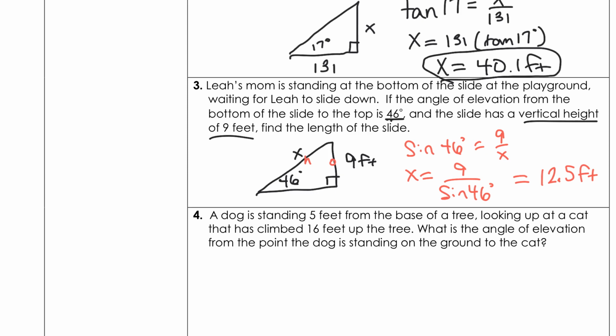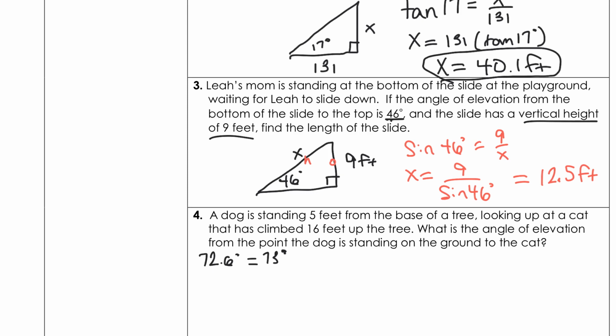Alrighty, welcome back. I hope that after you have worked out number 4, you did indeed get an answer of 72.6 degrees. Now, we're rounding to the nearest whole degree, so you should have gotten 73 degrees. We want to round angles to the nearest whole degree. So let's take a look at it.